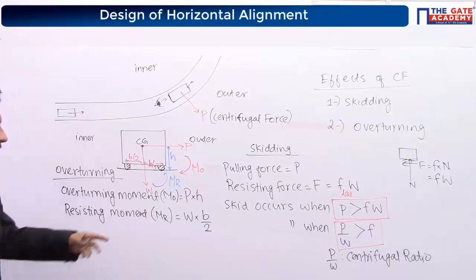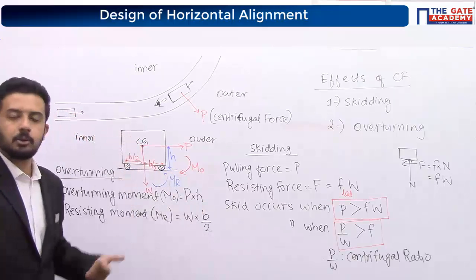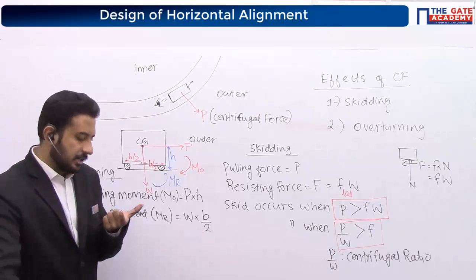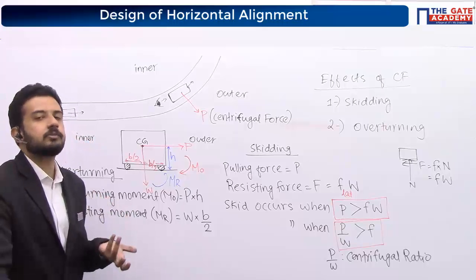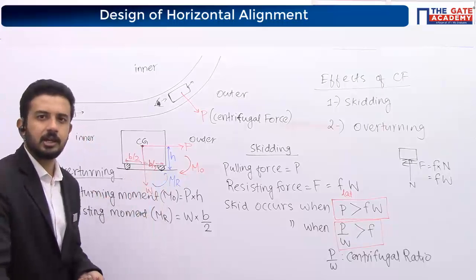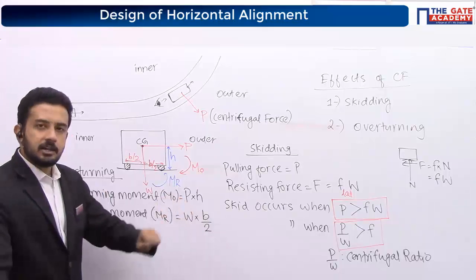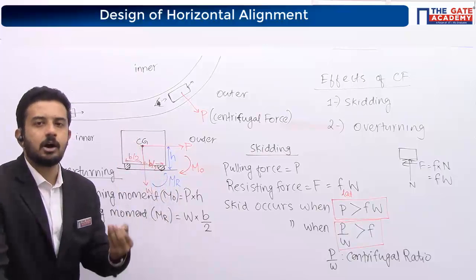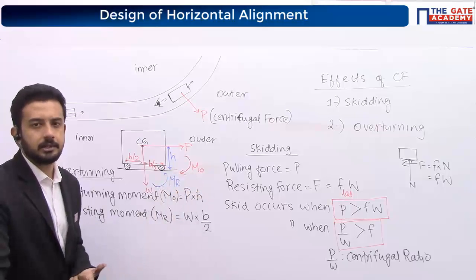What is h? H is the height of your center of gravity above the pavement surface, and B is the distance between two tires. If they are giving that it is the width of the vehicle, then it's almost the same, it's all negligible. So B by 2 is the distance between the line of action of the weight to this outer tire or right tire.